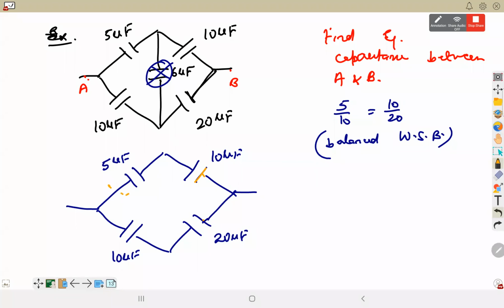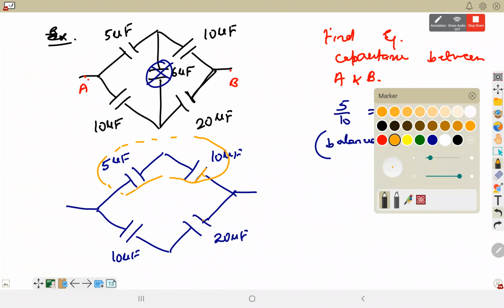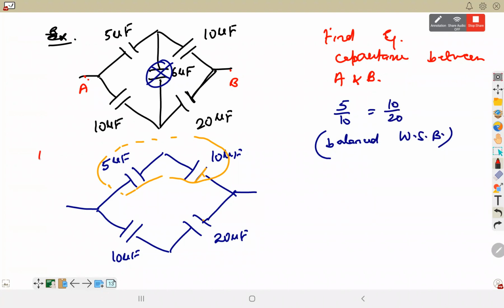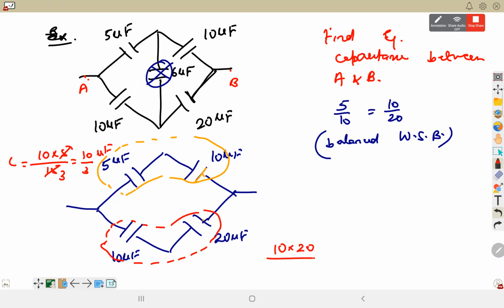Now 5 and 10 in series. Apply C1 C2 by C1 plus C2. 1 upon करने में अक्सर हम भूल जाते हैं इन्वर्स करना. C1 C2 upon C1 plus C2. ऊपर की ब्रांच में आ गया 10/3. नीचे की ब्रांच में 10 and 20, C1 C2 divided by C1 plus C2.